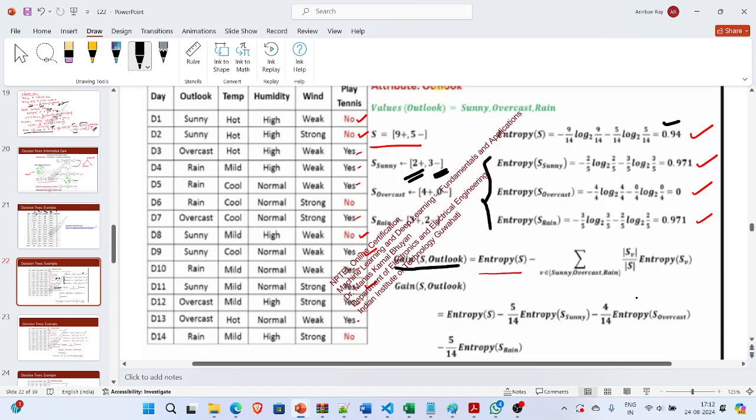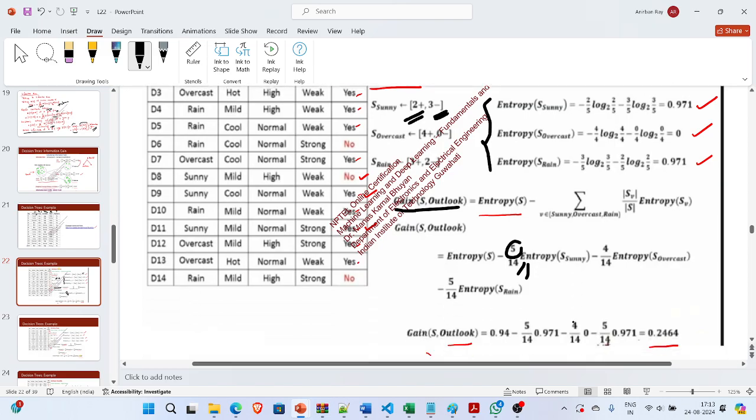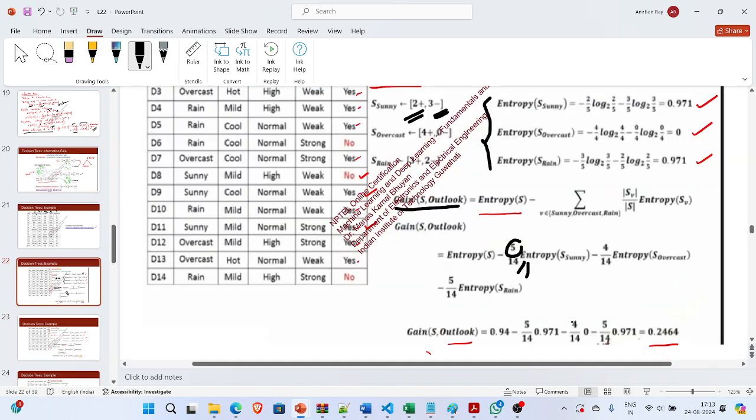Sunny total number of examples is 14, and out of that, 5 is the number in which it is sunny. So you take it like that, and you can calculate the gain. So this is the gain for outlook.